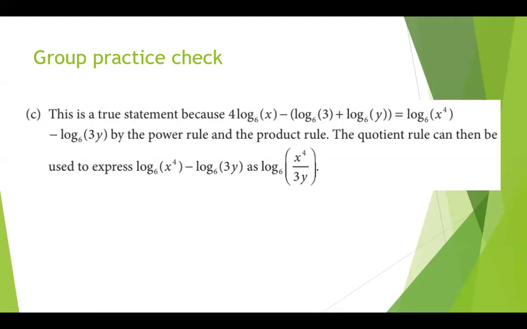If you did the quotient first, you would end up with log base 6, and you would have x divided by 3, right? Times, and then your y would be next, right? If you work left to right, it should. Because these aren't connected in parentheses, you're only subtracting that one.